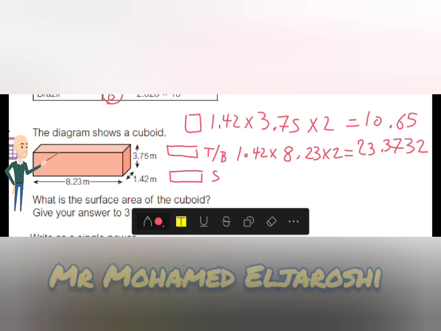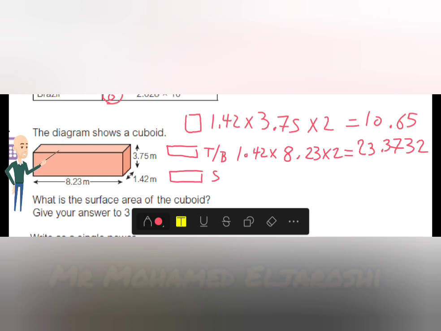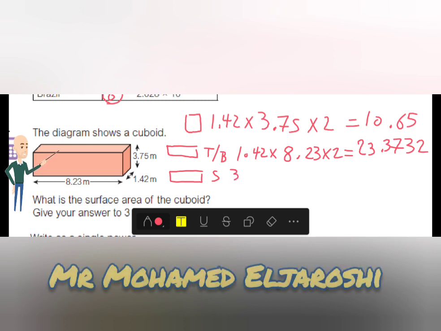Now, as they said, give your answer to 3 significant figures. After you finish all the answers and you add them, you can find the 3 significant figures. Now, the last ones are the sides. So I'm going to use the sides, length and width, multiply them by each other. So 3.75 multiplied by 8.23 and then multiplied by 2.